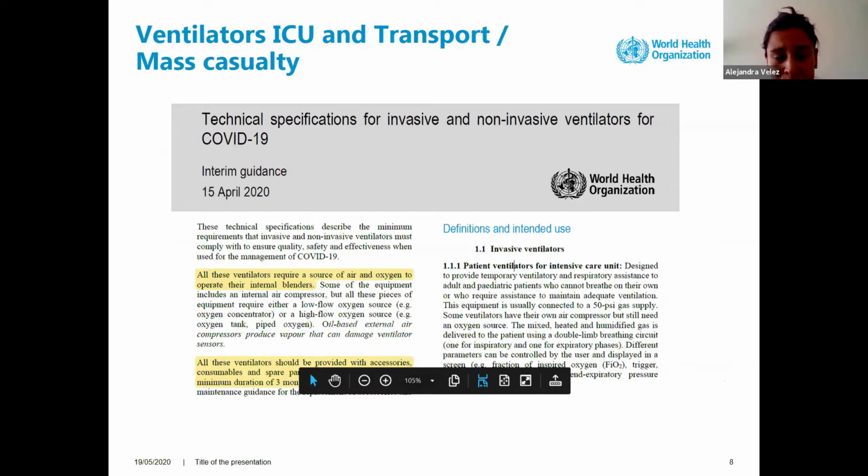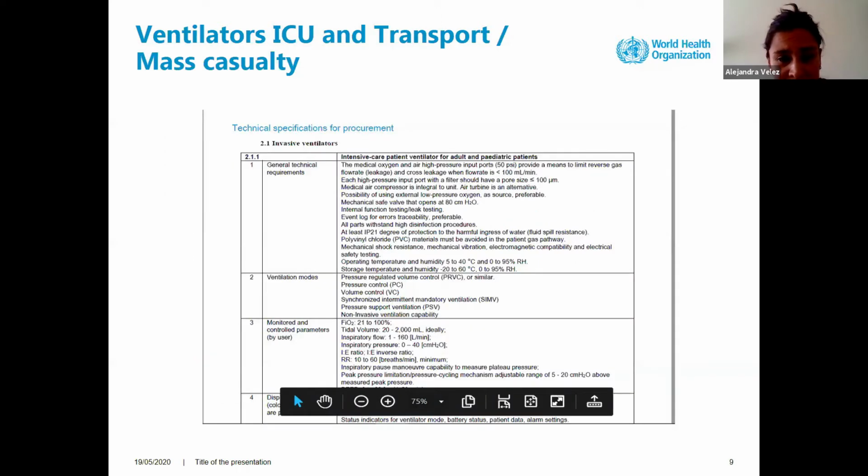As I said, this kind of publication includes part of the guidance, for example, we need a source of air and oxygen with certain pressure. We need to consider some air compressors or blenders with specific characteristics. And going into more detail, we put the general requirements for the equipment, including the ingress protection and the ventilation modes, and the parameters that need to be controlled and monitored by the user.